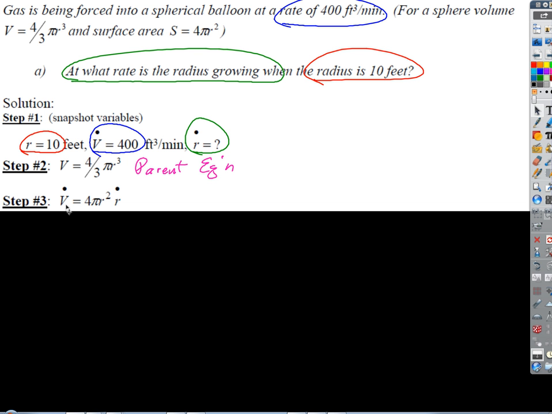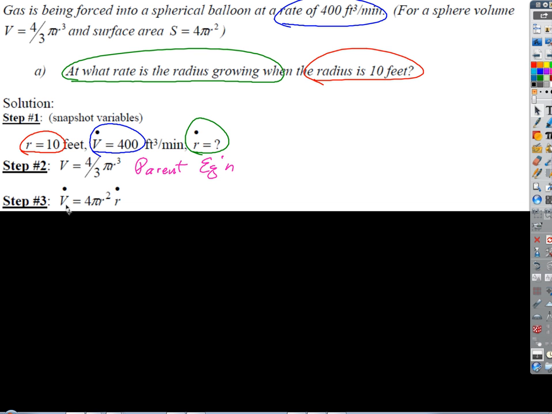What about the other side? Well, now I've got to use the chain rule, right? I've got my 4/3 pi r cubed. I can leave the 4/3 pi out front because that's a constant. But what's going to be the derivative of r cubed with respect to t? At the outer layer, I've just got hand cubed, right? What's the derivative of hand cubed? 3 hand squared.